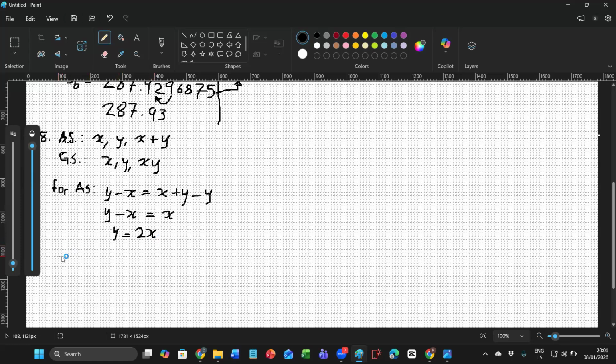Now let's go to the geometric sequence. The good thing is that these things are helping us take themselves out. For the GS, geometric sequence, it's common ratio, and common ratio is division. So the second term over the first term must be equal to the third term over the second term.